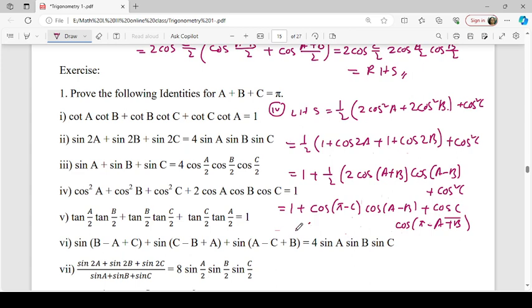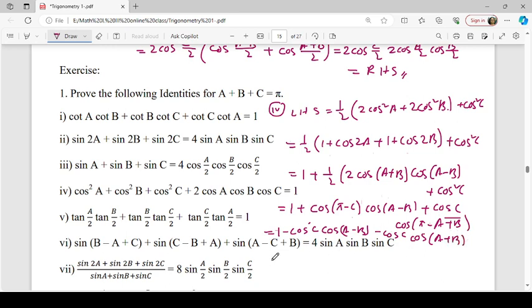Then cos of (pi minus c) is minus cos c, so this is equal to 1 minus cos c, then cos of (a minus b) plus cos c, then cos of (pi minus theta) is minus cos theta, so this sign is minus, it is cos c, then cos of (a plus b).